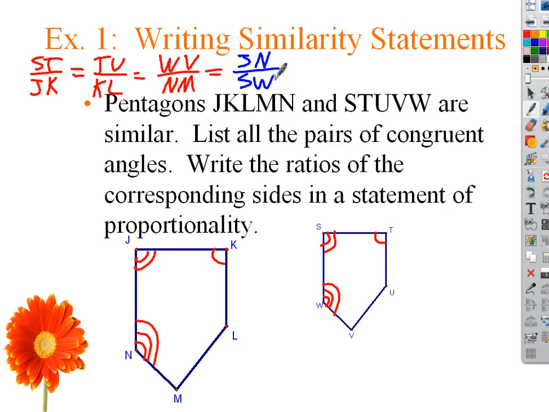Right? Because notice that in all of these ratios you gave me, I've had the small lengths on the top and the large lengths on the bottom. So I have to continue with that. What I did was wrong. It should be SW over JN instead. Right? See that? Good. All right.